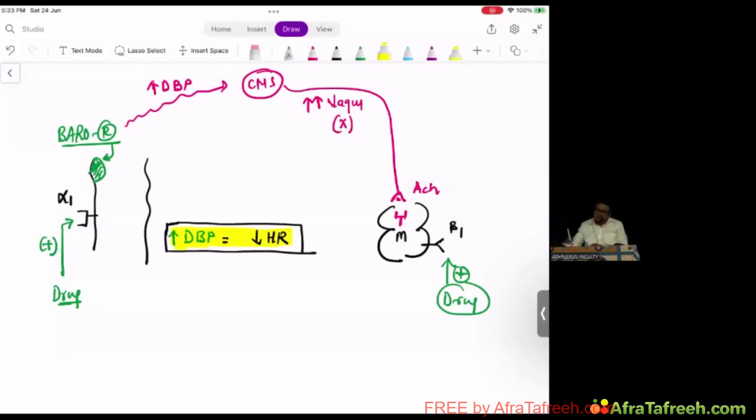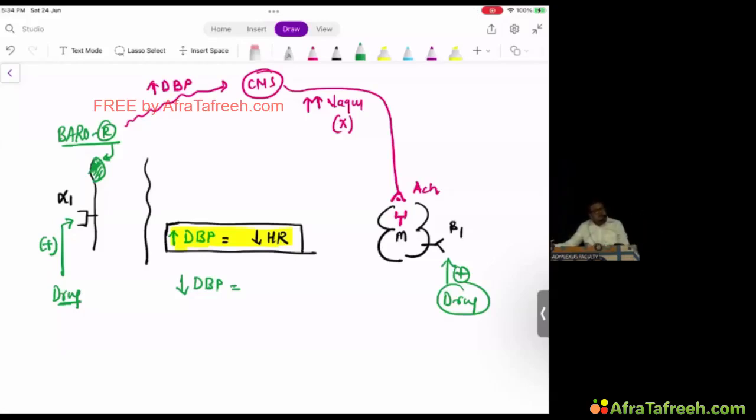We can take another example. Suppose there is a vasodilator. So when a vasodilator is there, diastolic BP will fall. The pressure in the blood vessel falls, so the signal going to the brain falls, and the vagus is not stimulated.